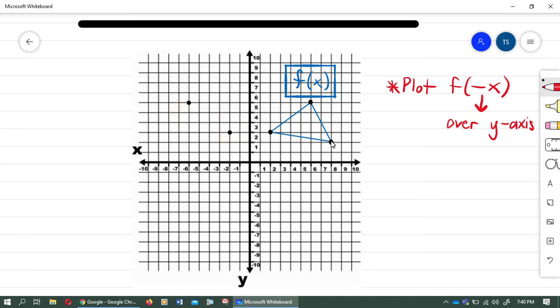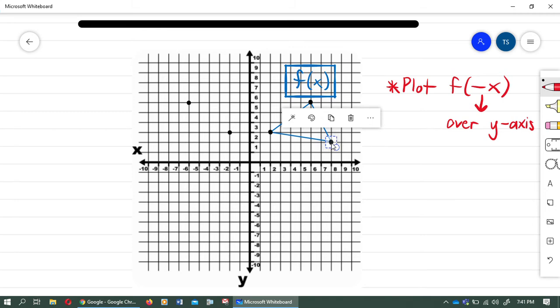And then this last point here. Again, I'm just showing you that to reflect the whole figure, you have to reflect each point. If we reflect this last point over the y-axis, the new point has to be the same distance on the other side.